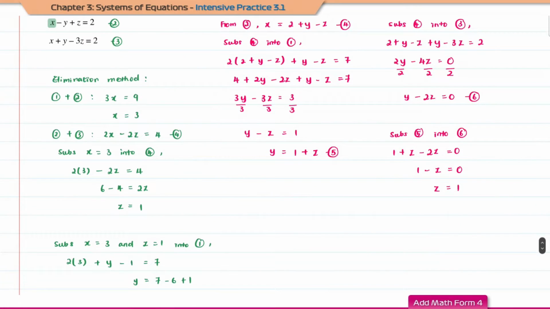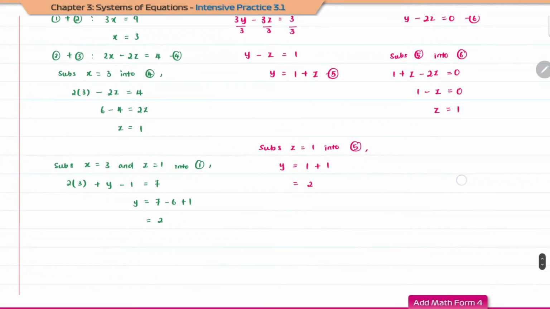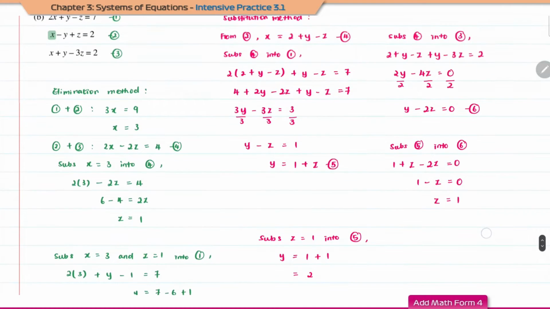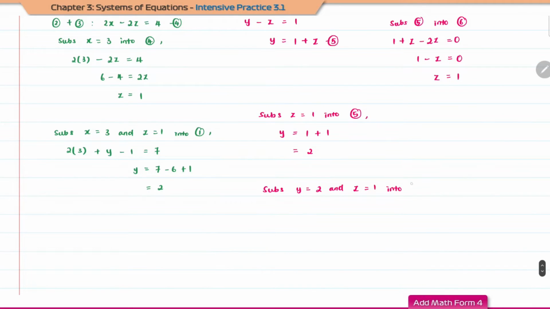So next, I'm going to substitute the z equal to 1 into equation number 5 to find the value of y. So y equal to 1 plus 1, which is equal to 2. Next, I'm going to substitute the y equal to 2 and the z equal to 1 into equation number 4, as we already let the x become the subject of the formula.